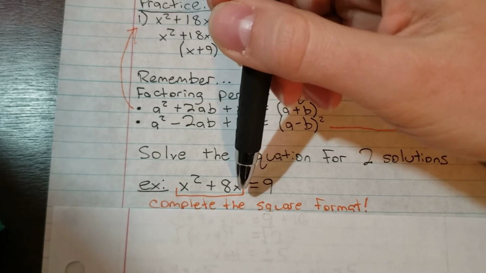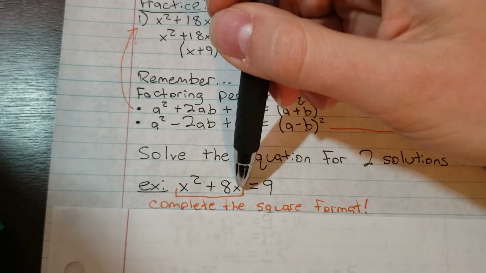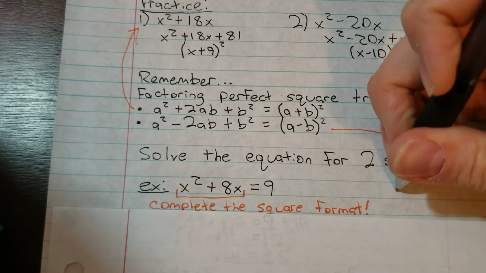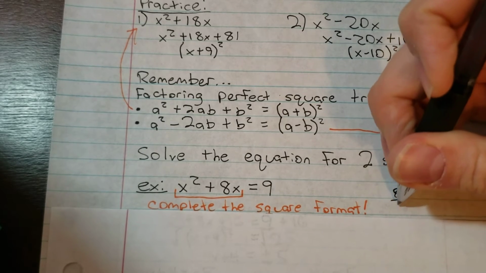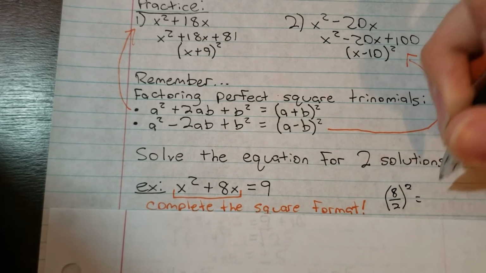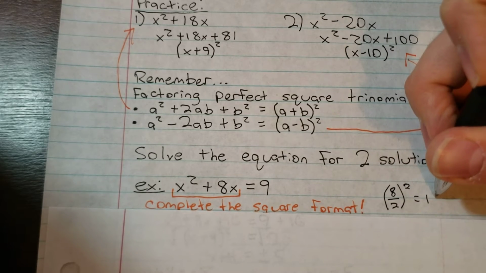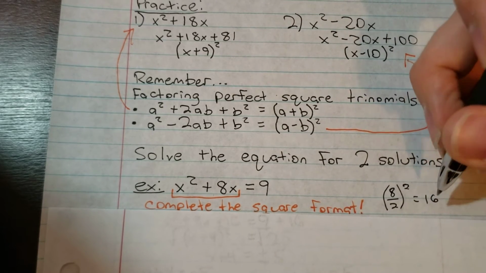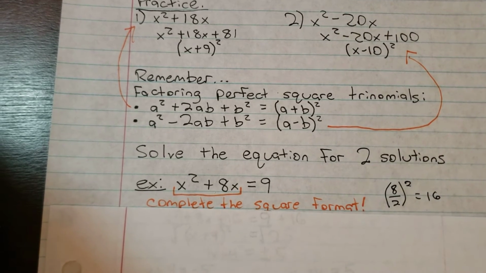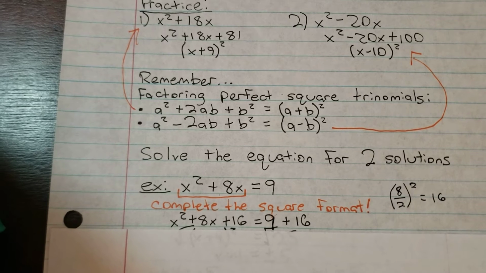So what I can do is take my b divided by 2, so 8/2 squared, that's going to equal 16. And I could add 16 to both sides of the equation.